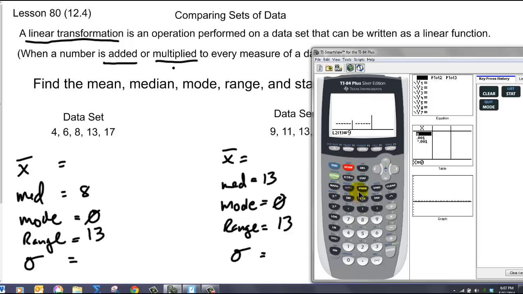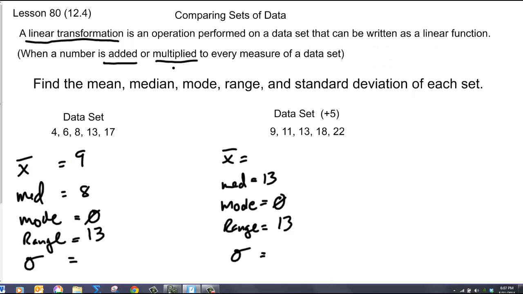Quit, and then go to stat, calculate those one variable statistics, and we'll do it for the first list. So I'll go second, get L1 up there and hit enter. So here we have our average and our standard deviation. In this case, we've got an average of 9.6 with a standard deviation of roughly 4.76.